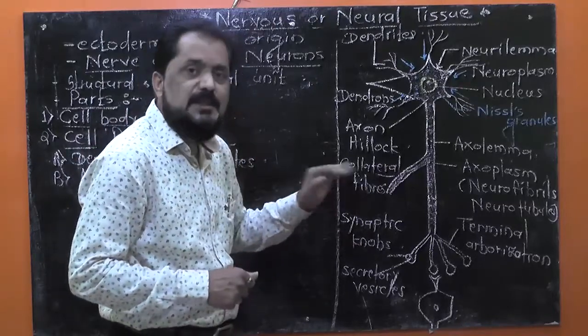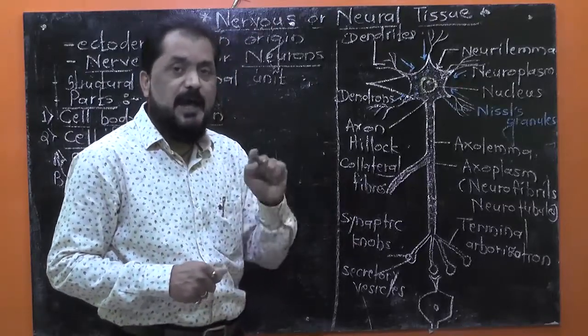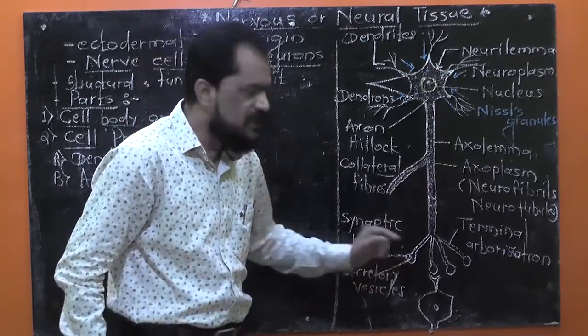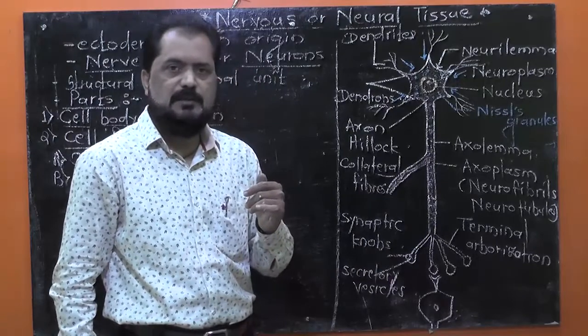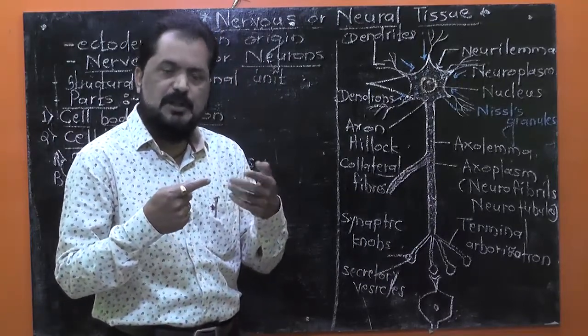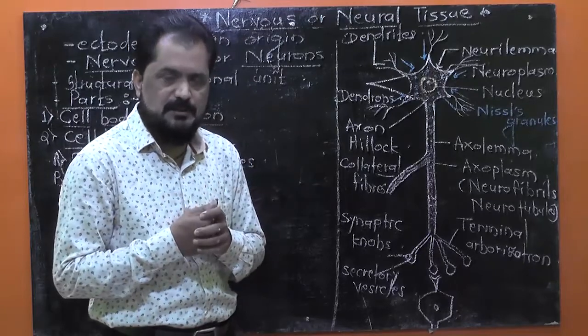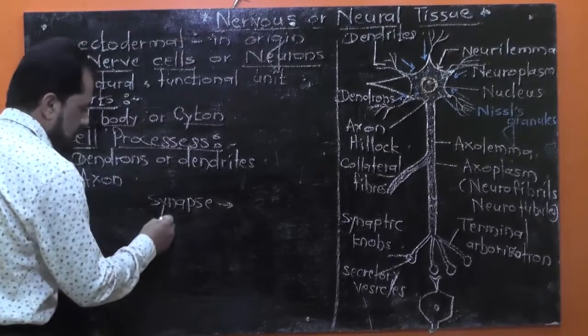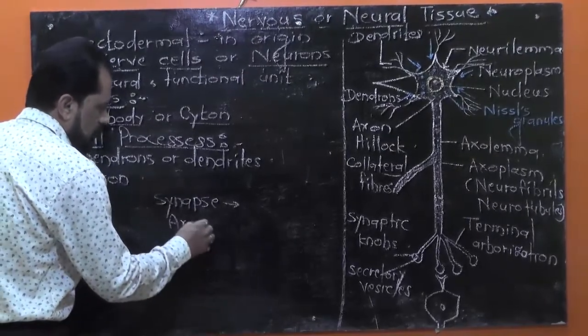And this synapse is mostly axodendronic. लक्षात घ्या, सिनॅप्स म्हणजे जंक्शन ऑफ टू न्यूरॉन्स, दोन न्यूरॉन्स मधलं जंक्शन, याला सिनॅप्स असं म्हटलं जातं. आणि हे सिनॅप्स इज मोस्टली एक्सोडेंड्रॉनिक.